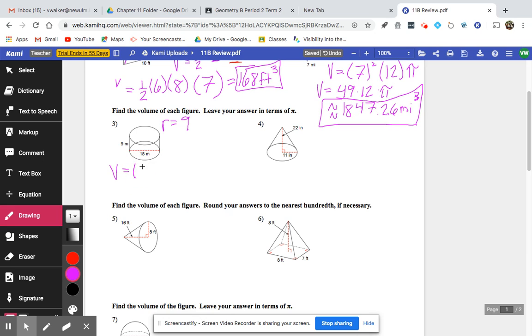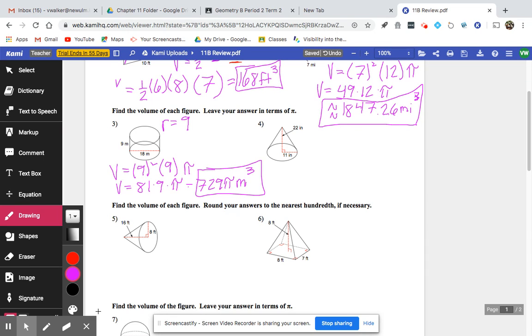So r is 9, so we got 9 squared times another 9 times pi. So V equals 81 times 9 times pi, which is 729 pi meters cubed. And that's the volume in terms of pi.